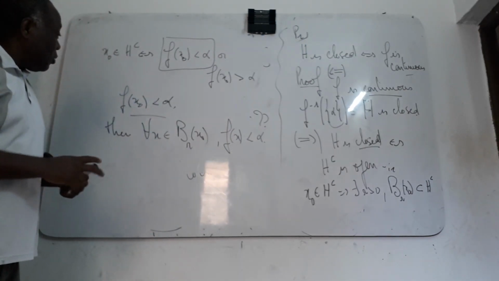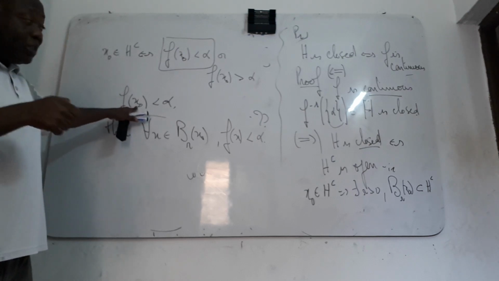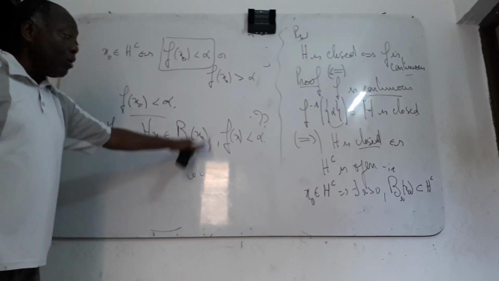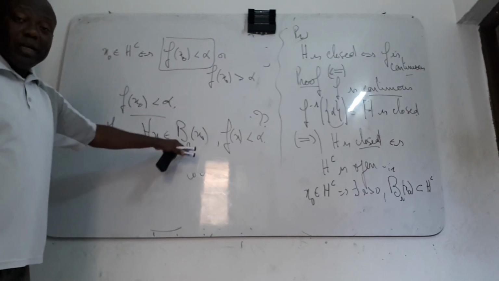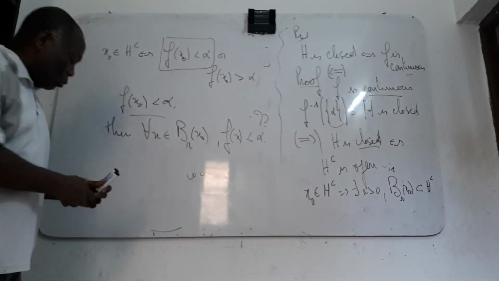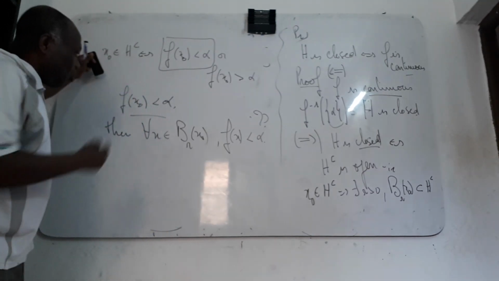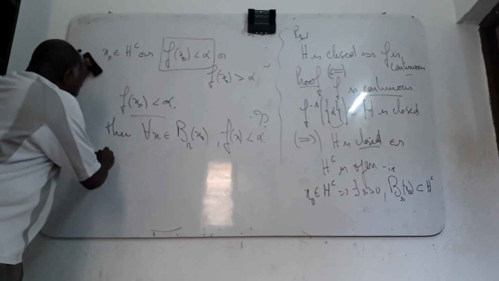That is a big property, this one. It's not easy. We suppose that it is true at the point x0, then you extend it to the whole ball of center x0 and radius r. Why is this true? Suppose that it is not true.